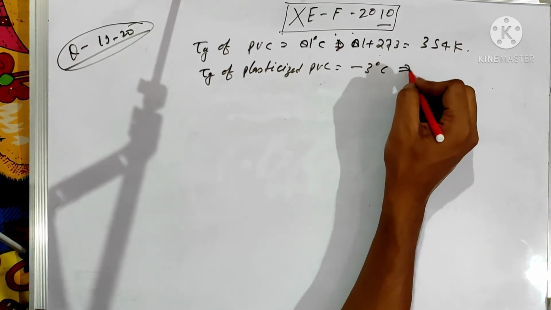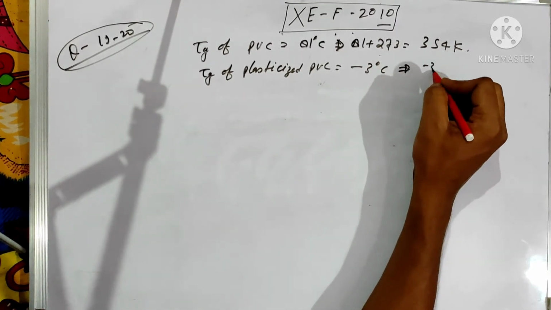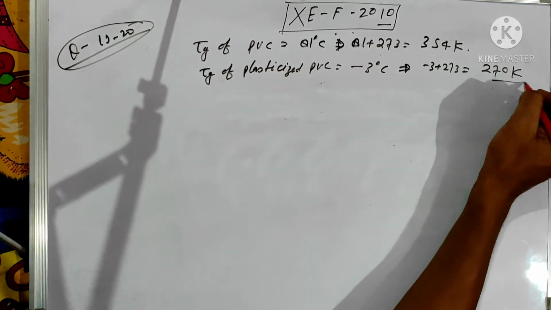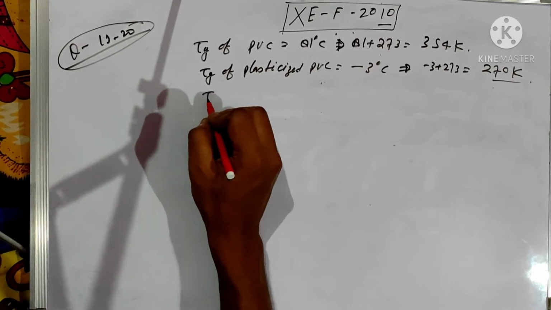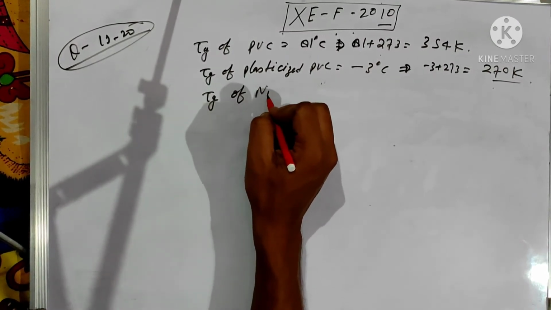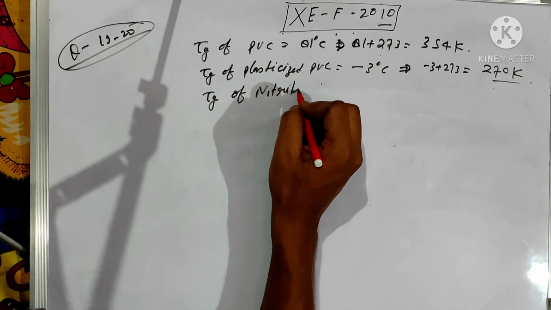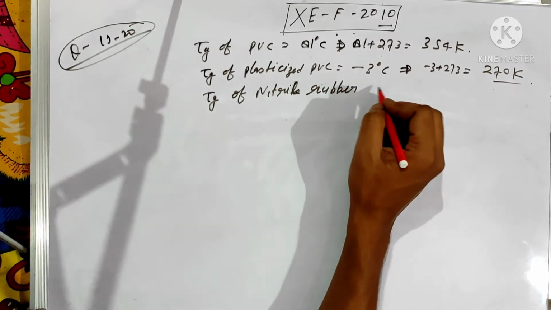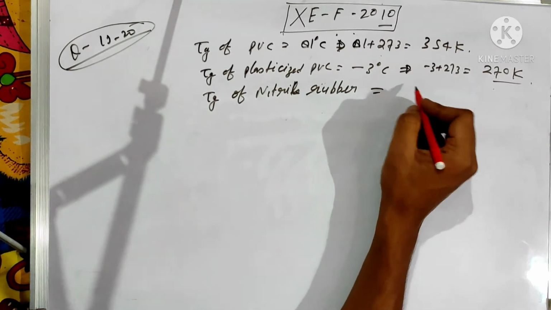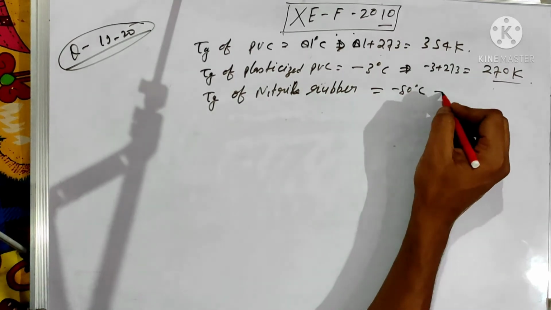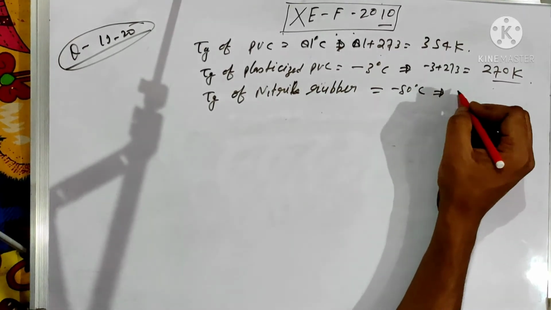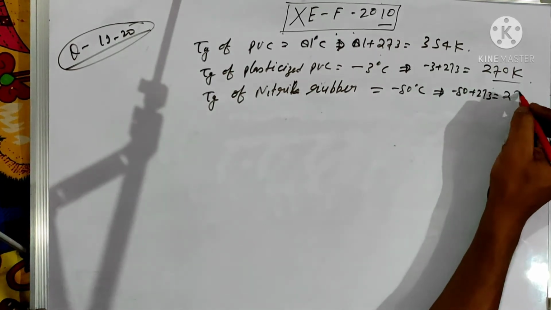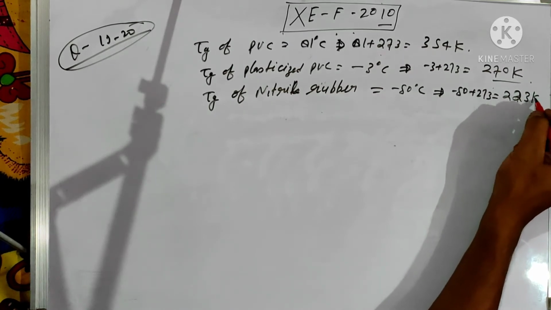Converting into Kelvin, minus 3 plus 273 is equal to 270 Kelvin. And the glass transition temperature of nitrile rubber is equal to minus 50 degree centigrade. Converting into Kelvin by adding 273 gives 223 Kelvin.